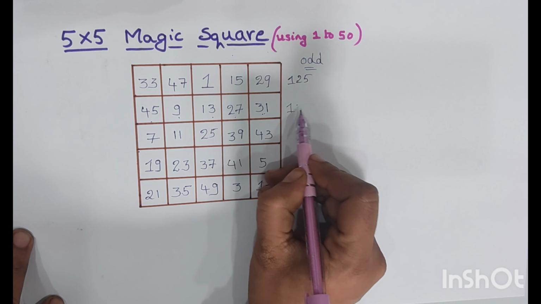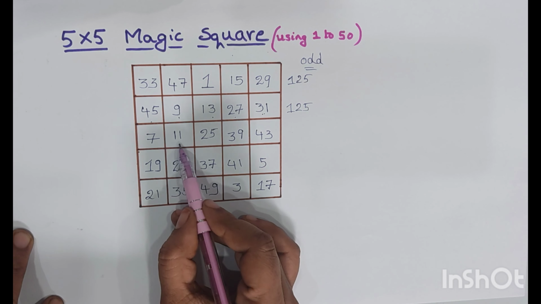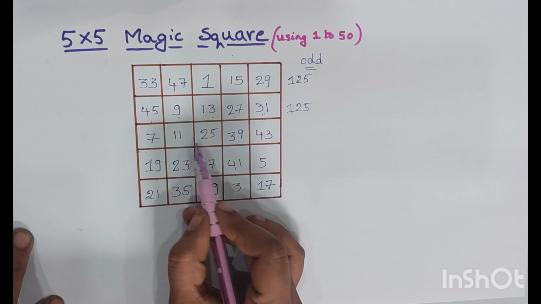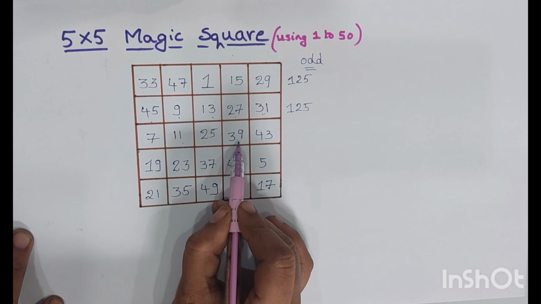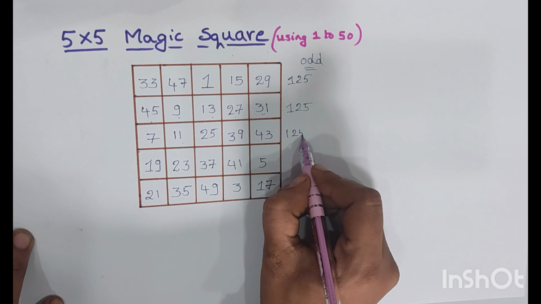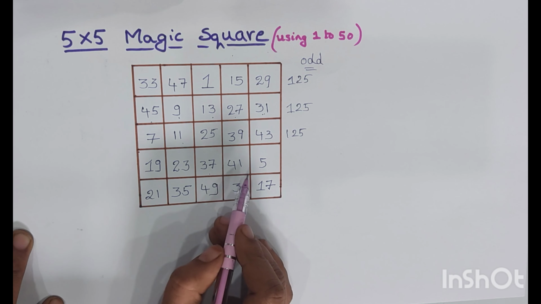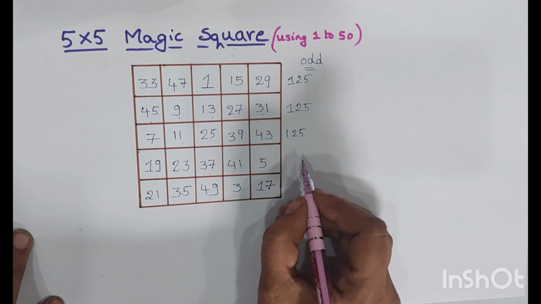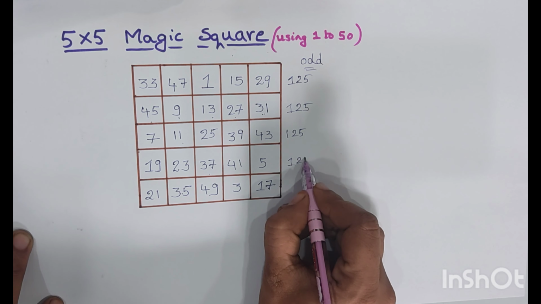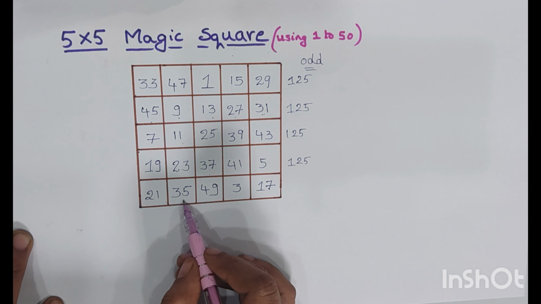The third row of 5 boxes will also be 125, and the fourth row also sums to 125, and for the fifth row the sum of the 5 boxes will be 125.